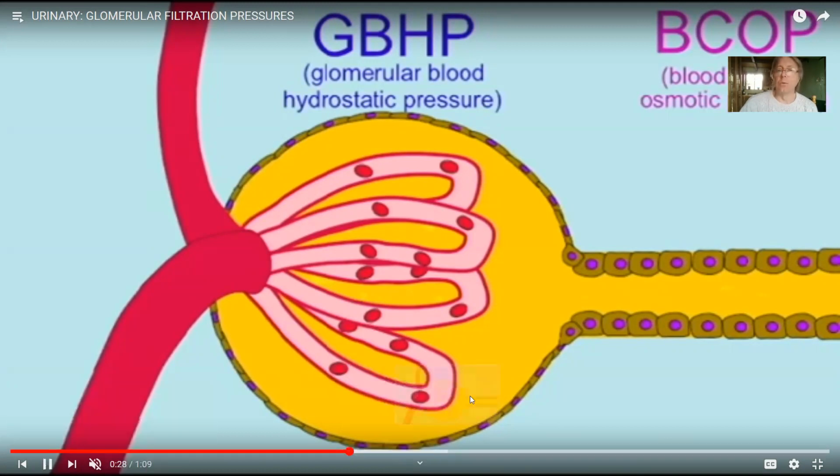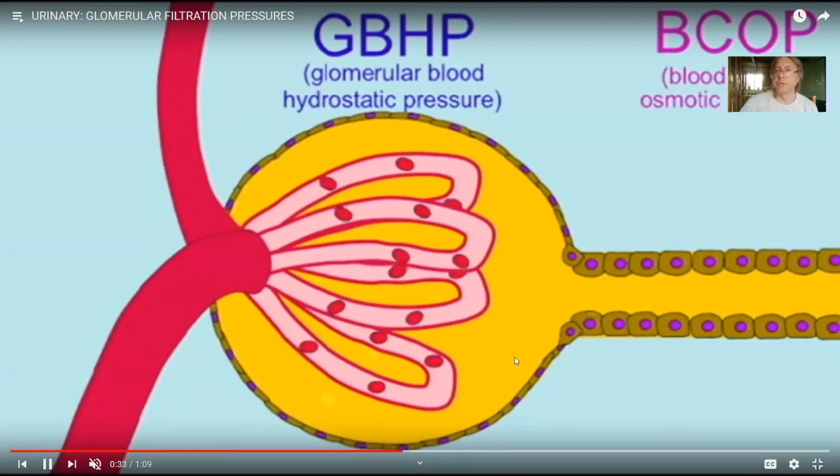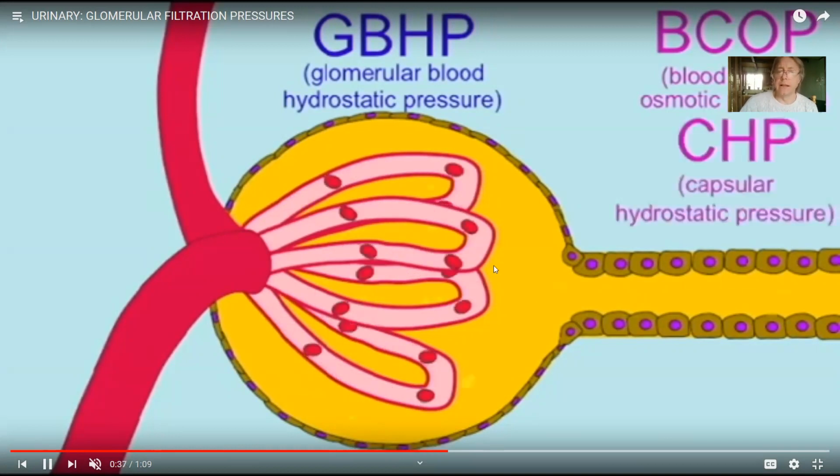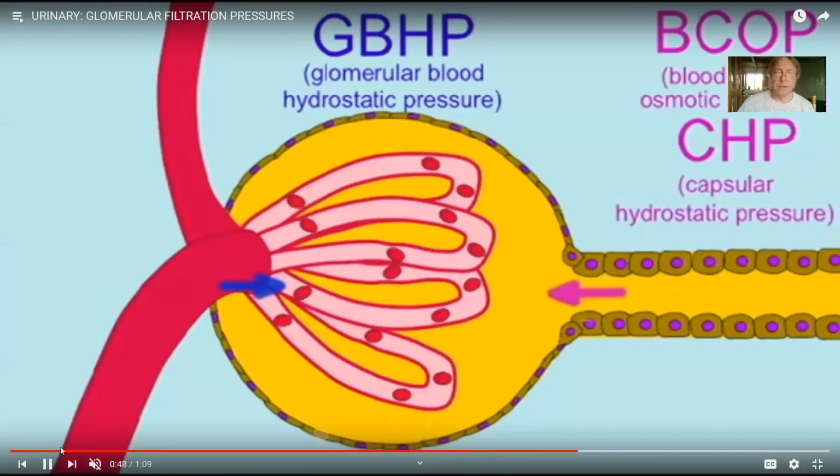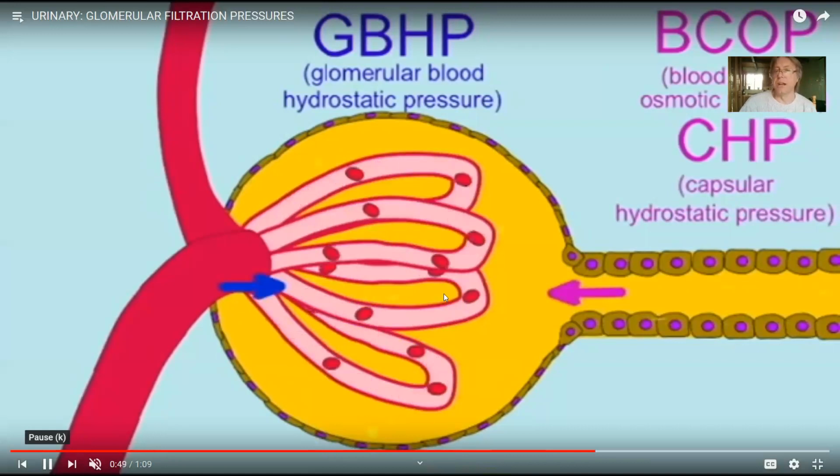That is the outward pushing force, which is pushing filtrate through the fenestrations. But there are resisting forces, not only the blood colloid osmotic pressure, because this water here is attracted to colloids, to solutes, and because blood proteins are too big to leave the capillary, there's going to be more solutes in the capillary, so there's an osmotic pressure pushing inwards.